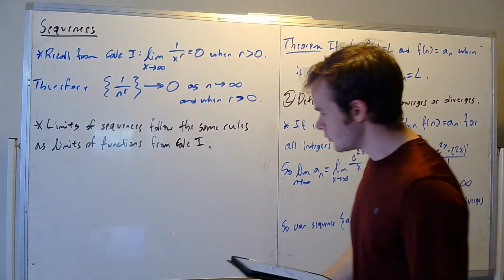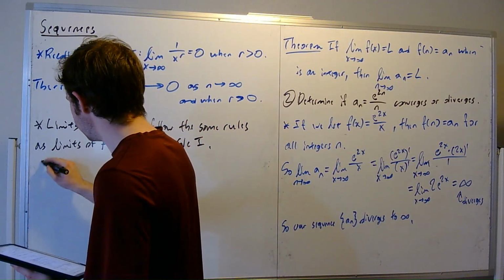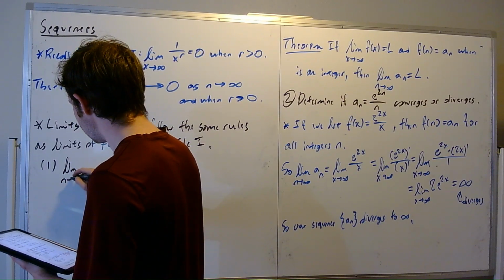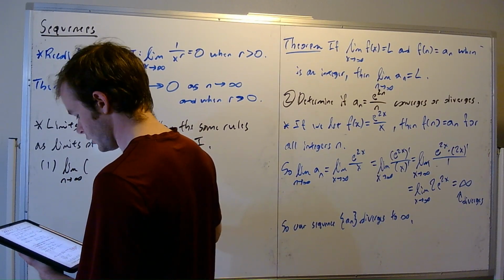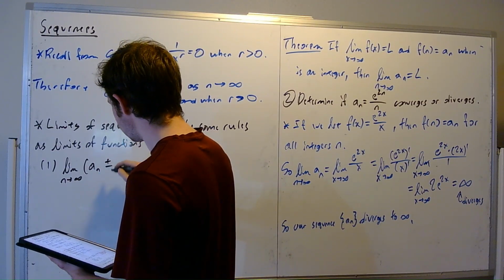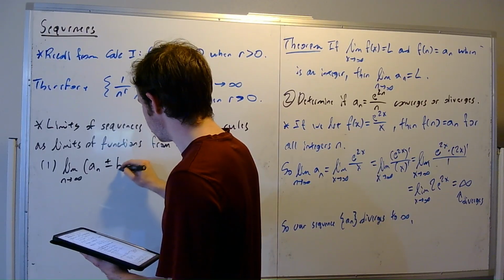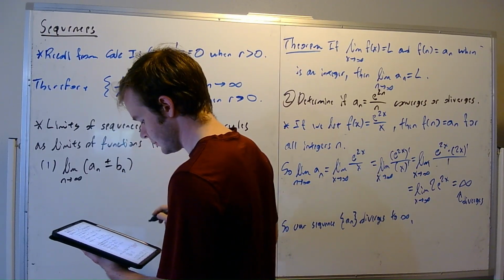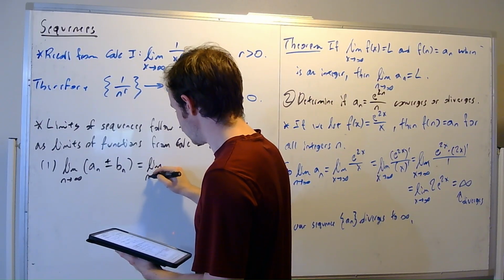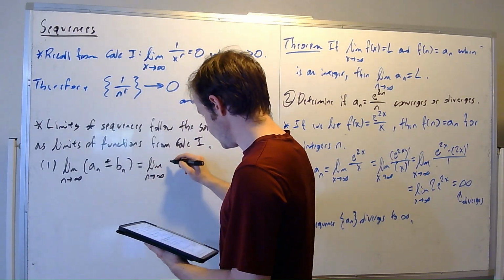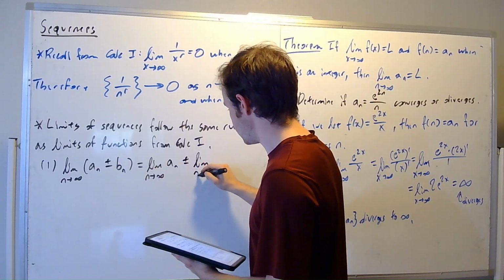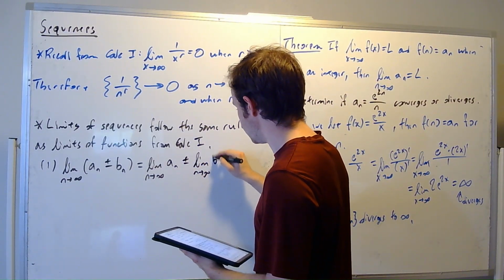The first rule I'll write down here is, if we have the limit as n goes to infinity of the entry of one sequence an plus or minus the entry of another sequence bn, we can just break it up. So we get the limit as n goes to infinity of an plus or minus the limit as n goes to infinity of bn.